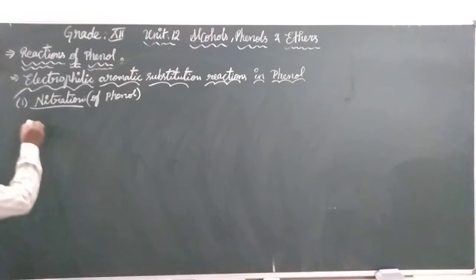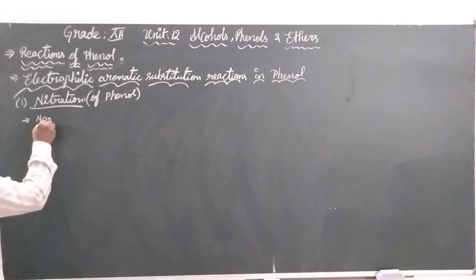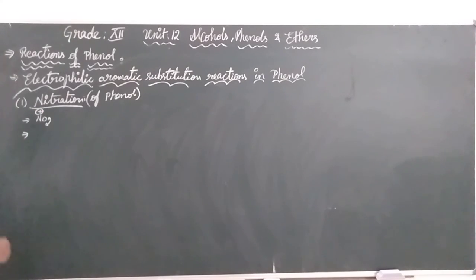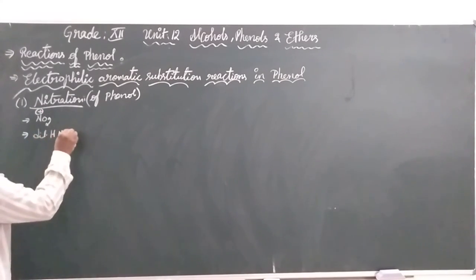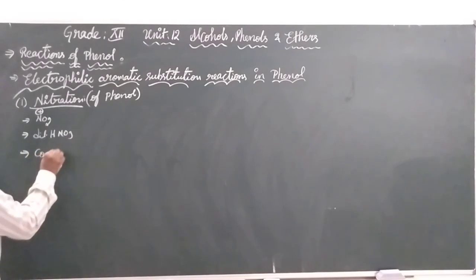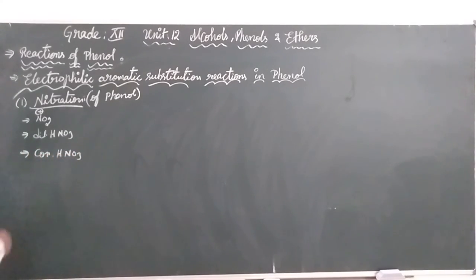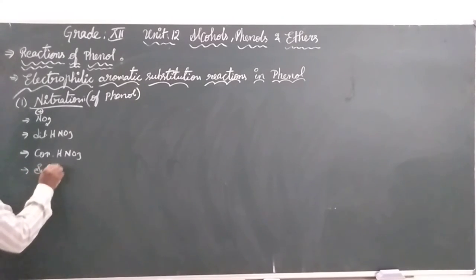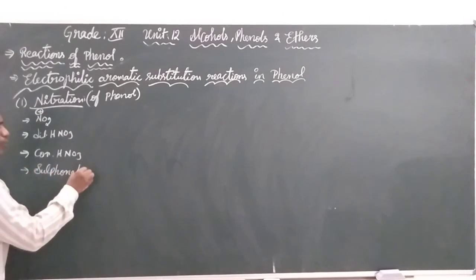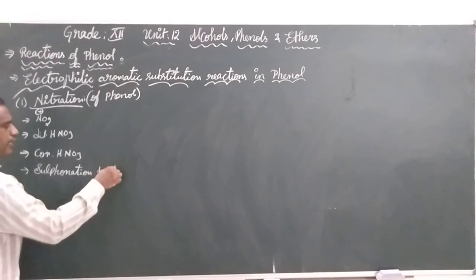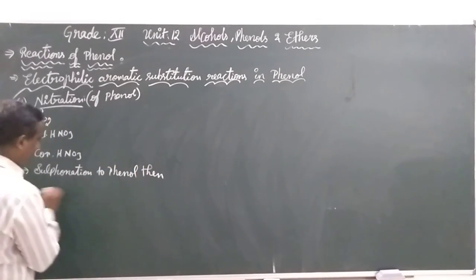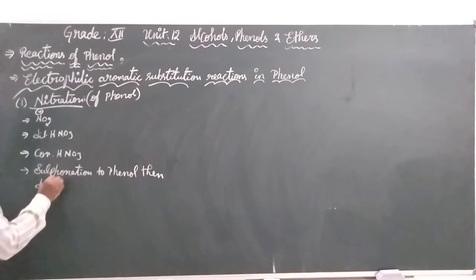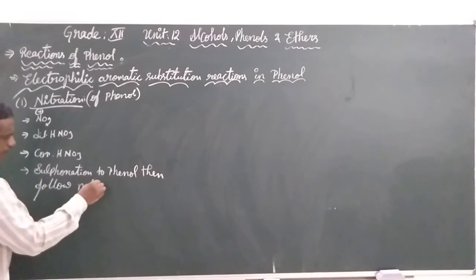The nitronium ion can be generated from various sources: using dilute nitric acid, or concentrated nitric acid, or first you can do sulfonation of phenol, then it will follow nitration.